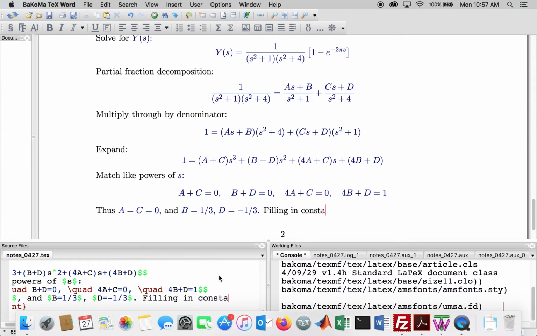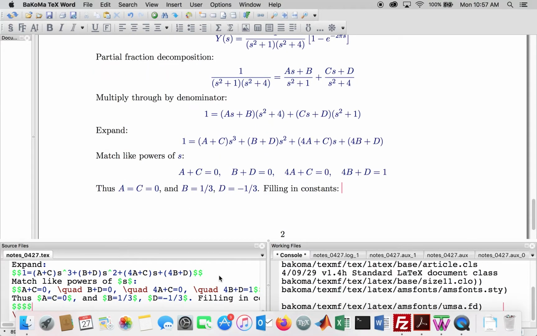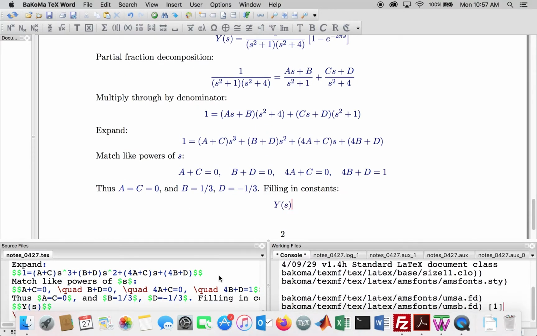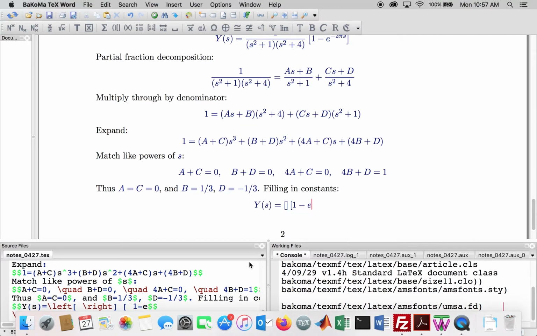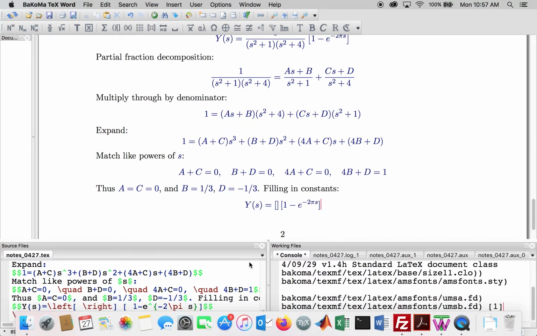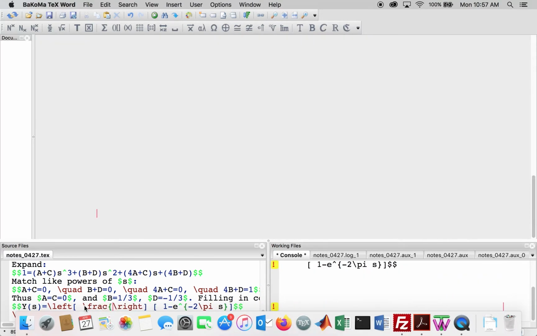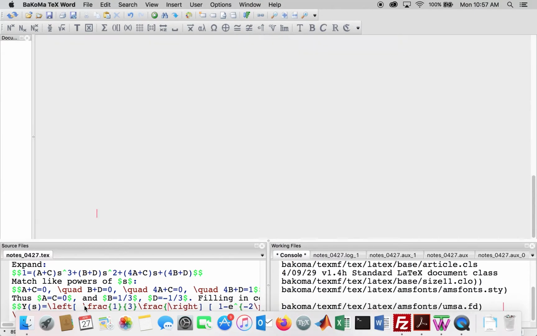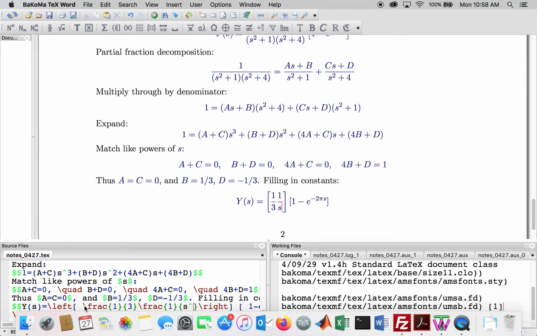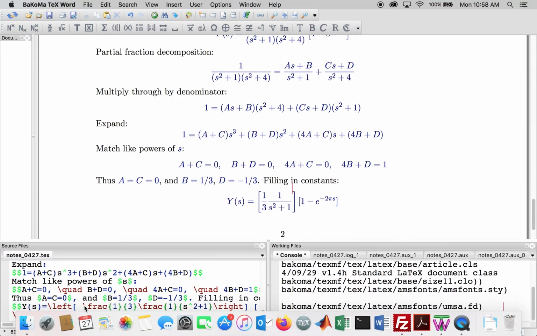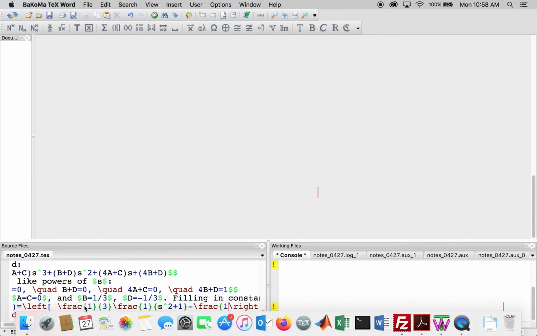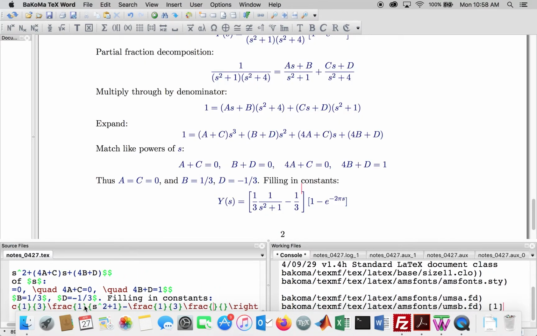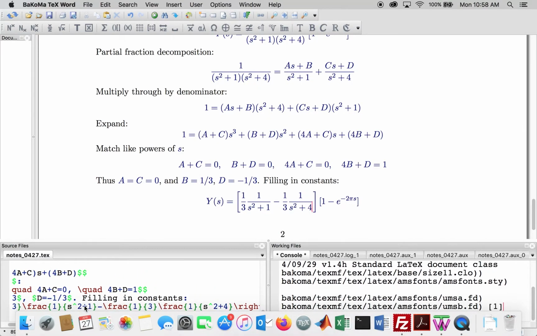Filling in these constants, what I get is y of s is equal to 1/3 times 1 over s squared plus 1, minus 1/3 times 1 over s squared plus 4.